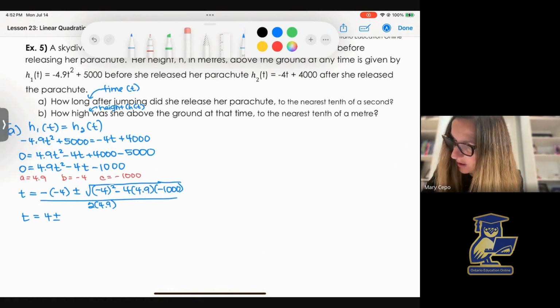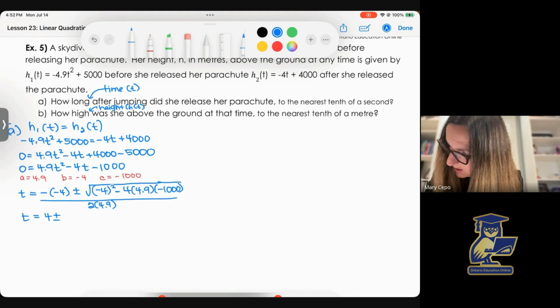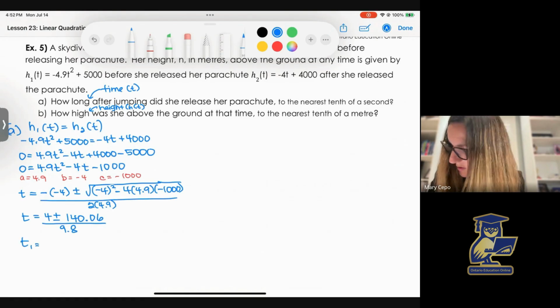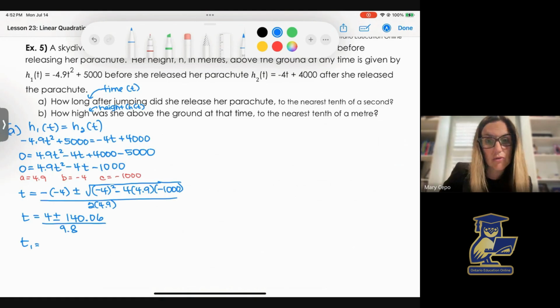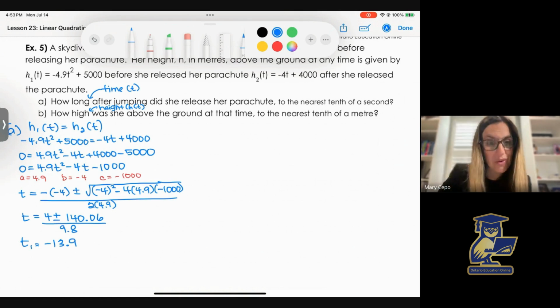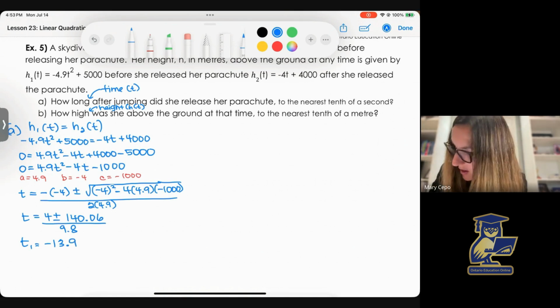Putting that all into our calculators, and because it says nearest tenth of a second, we'll round at the very end, all over 9.8. We're going to get t1 is equal to 4 minus 140.06 divided by 9.8, which gives negative 13.9. That's time, and you can't have negative time. It might satisfy the equation, but it does not satisfy our situation.